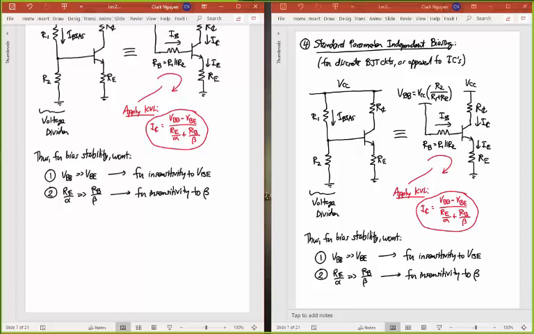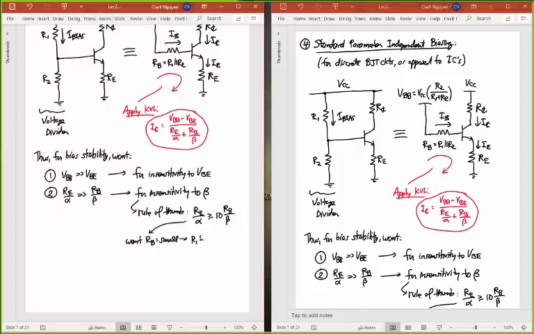Okay, and as a rule of thumb, like I said before, this means you basically want RE over alpha to be greater than or equal to 10 times RB over beta. Okay, and so what does this tell you? This basically also says we want RB to be small.